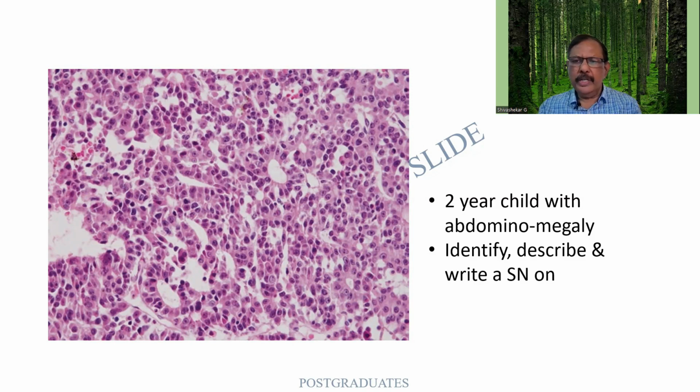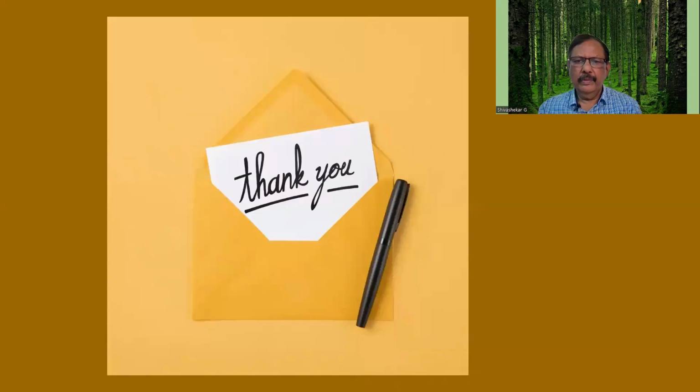A 2-year-old child was brought with abdominomegaly. I am a little vague in this, but still, you are supposed to identify the lesion, describe, and write a short note on it. Thank you.